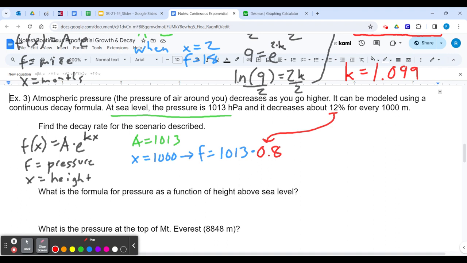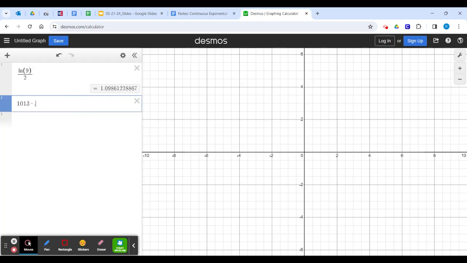So instead of 12%, it is going to be 0.88. So this would be 1 minus 12%, which is simply 1 minus 0.12. Let's actually calculate what that is. 1,013 times 0.88. I'm going to go in Desmos, 1013 times 0.88. We get 891.44.